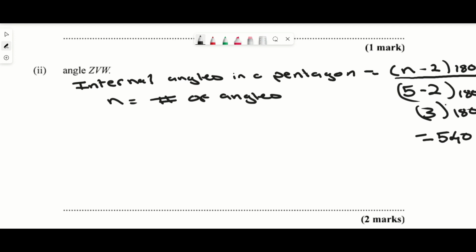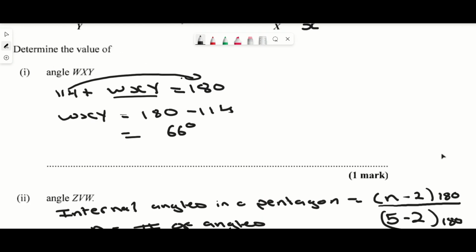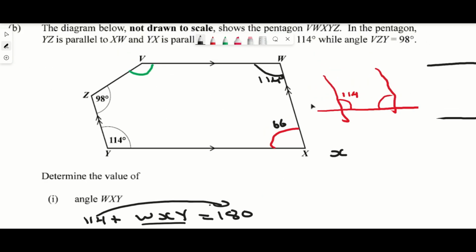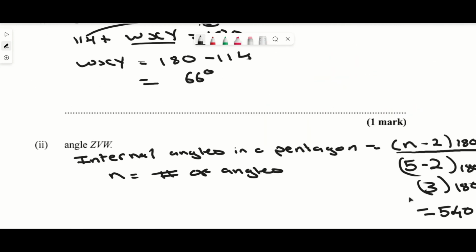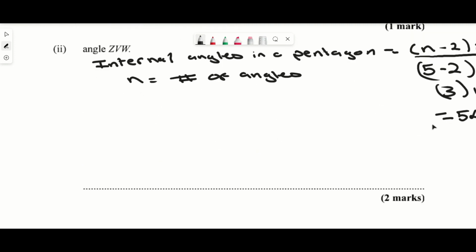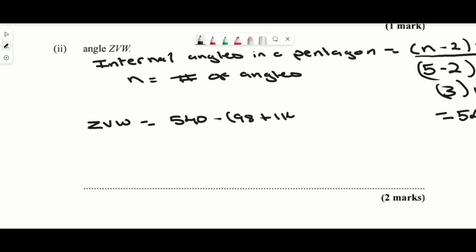And then after we do that, guys, we know that if we were to add up all these angles here, 98 plus 114 plus 66 plus 114 plus this one remaining here, which you're trying to calculate, that is going to be equal to 540. So we can say that angle ZVW is equal to 540, which is the total, minus 98 plus 114 plus 66 plus 114.